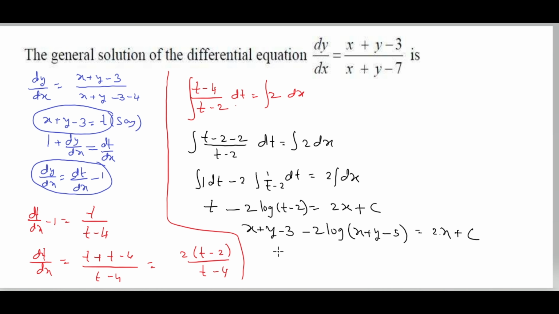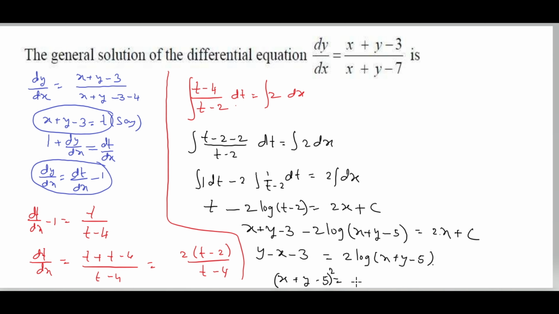Therefore, take 2x this side, that is y minus x minus 3 is equal to 2 log of x plus y minus 5. So from this equation, x plus y minus 5 is equal to x plus y whole square.